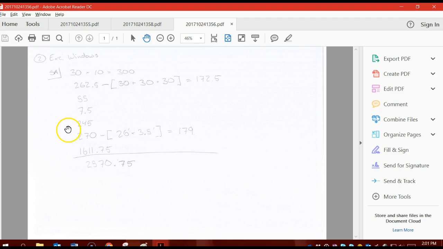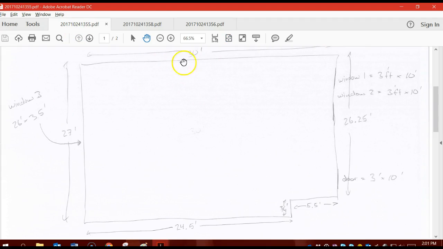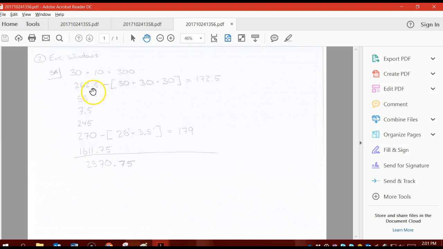For the second part of this, I want you to actually exclude the windows. So again, a couple of the walls are going to stay the same, right? This wall has no windows, this little piece, this piece, this piece, they're all the same. You can just do those again. The ones with the windows, what I want you to do is to take the area from question 1, from the first part of this, and then subtract the total area of all the windows and doors and all that stuff.